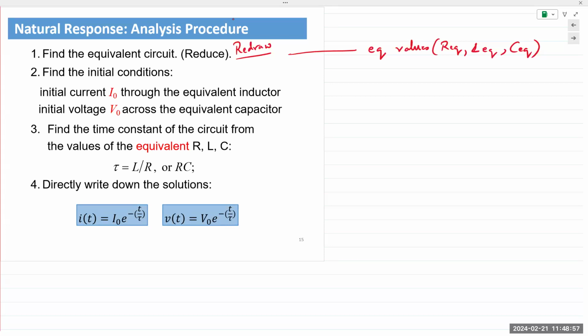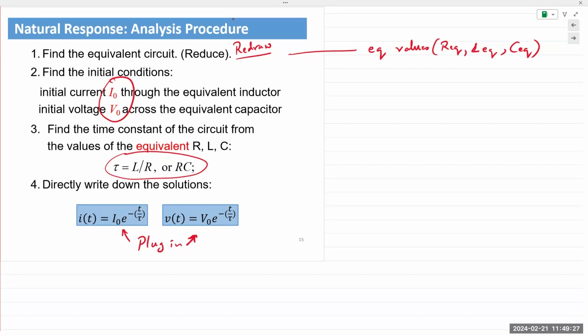Establish the initial conditions and find the value for the current and the voltage for the capacitor or the inductor. Once you have the component values, you can find tau. And once you have tau and I0 and V0, simply plug it into the equations.